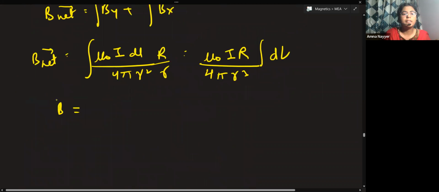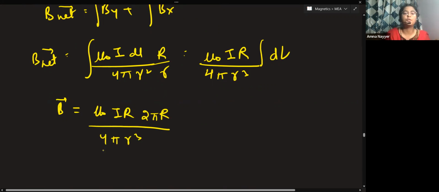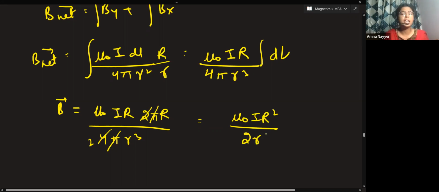So the magnetic field becomes mu naught I R into 2 pi R divided by 4 pi r cube. So pi will get cancelled, 2 can get cancelled. What is left? Mu naught I R square divided by 2 r cube. Now what did I tell you? Small r is not given to us.